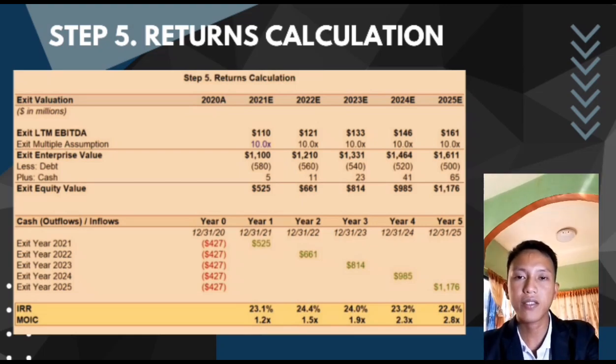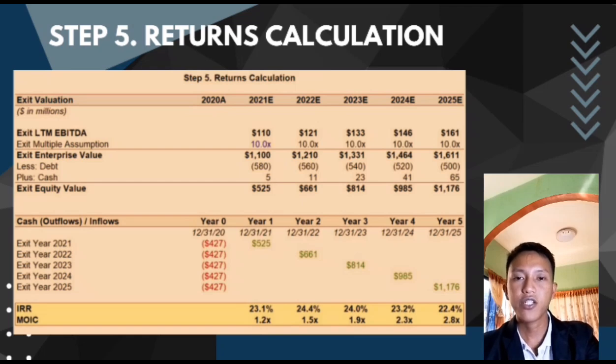In the final step, we will calculate the two returns metrics we were instructed to by the prompt. Starting with the internal rate of return, IRR: to determine the IRR of these investments, you first need to gather the magnitude of the cash outflows and inflows and the coinciding dates of each.